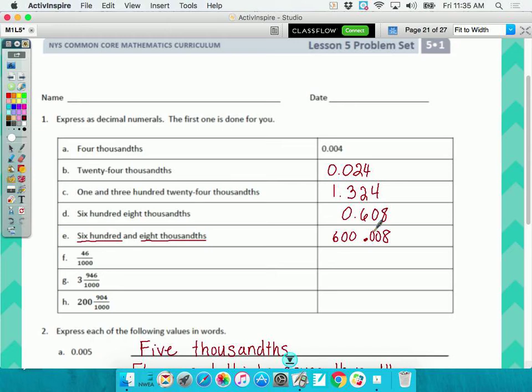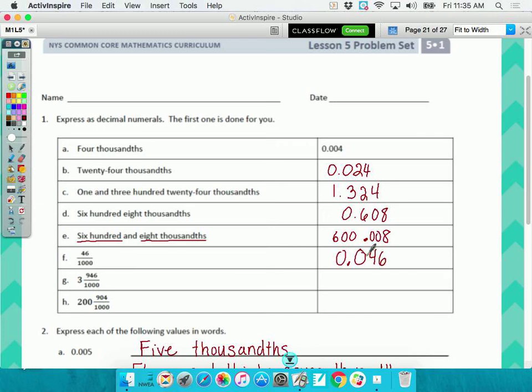Okay, F. Brian, I pulled your stick. Now this is a little different. How do you think you say this number for F? 46 thousandths. I agree. Do you agree? Everybody say that number. 46 thousandths. Tell me what to write, Brian. 0.046.